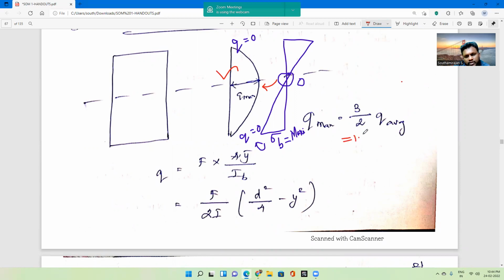That is an important formula, because in order to calculate the maximum shear stress, Q max equal to 1.5 times Q average. It is an important parameter for the shear stress variation.